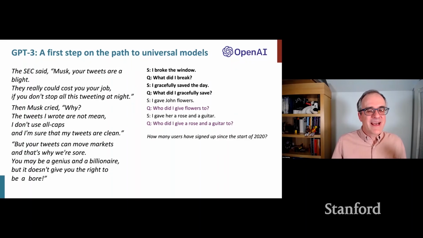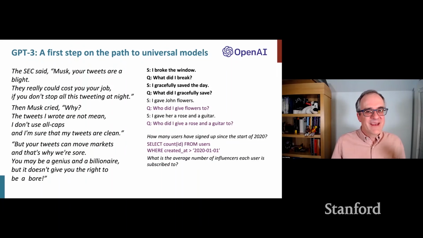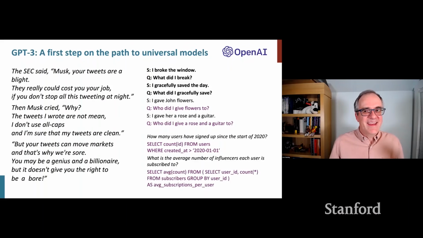So having given it a couple of examples of SQL translation of human language text, which I'm this time not showing because it won't fit on my slide, I can then give it a sentence like, how many users have signed up since the start of 2020, and it turns it into SQL. Or I can give it another query, what is the average number of influencers each user subscribed to? And again, it then converts that into SQL. So GPT-3 knows a lot about the meaning of language and the meaning of other things like SQL, and can fluently manipulate it.